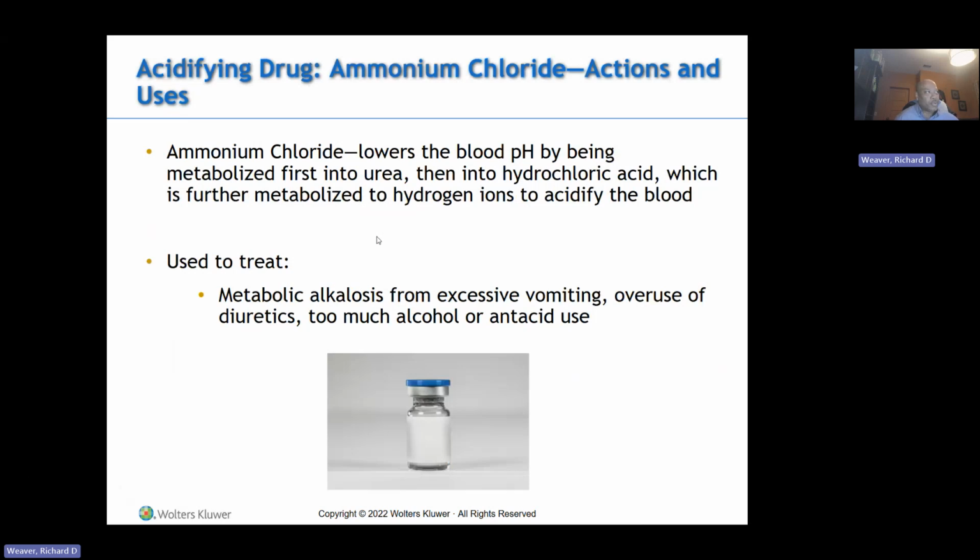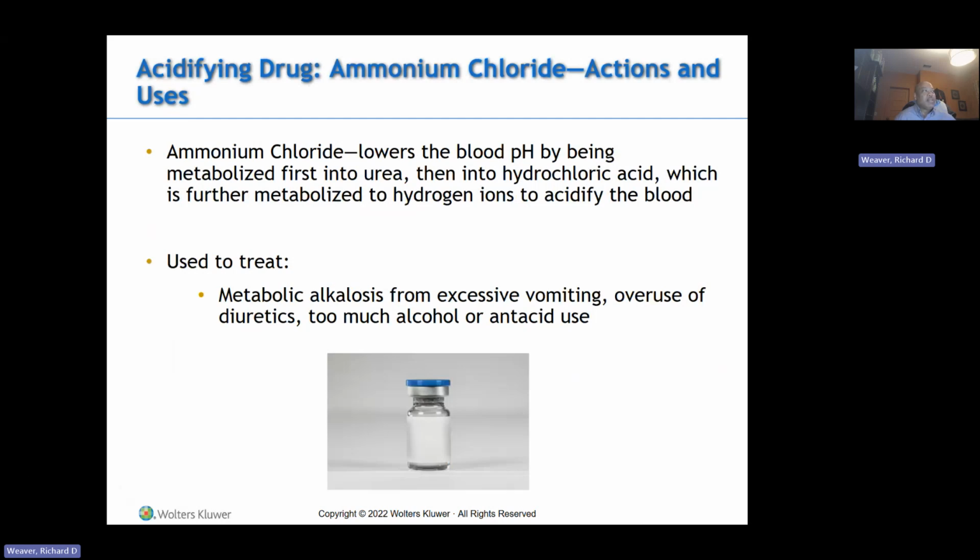Now, the acidifying drugs, what we call ammonium chloride, the actions and uses. Ammonium chloride lowers the blood pH by being metabolized first into urea, and then into hydrochloric acid, which is further metabolized to hydrogen ions in order to acidify the blood.